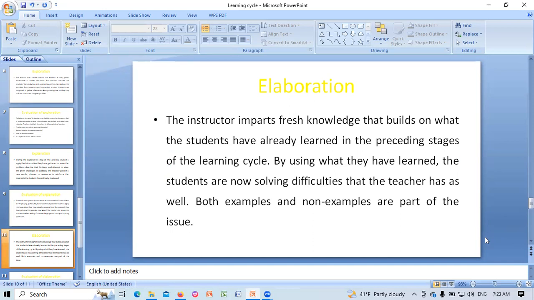By using what they have learned, the students are now solving difficulties that the teacher has posed as well. Both examples and non-examples are part of the issue.